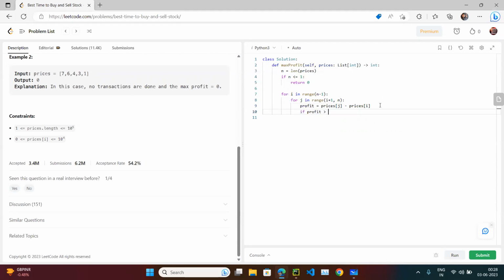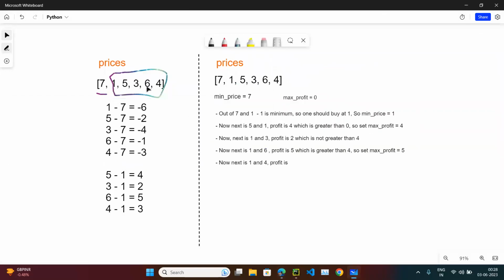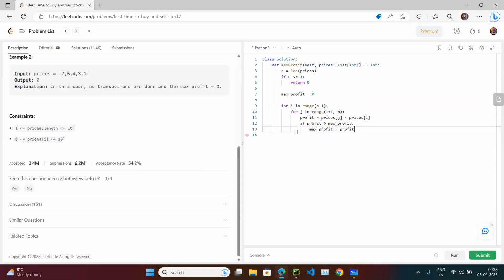If profit is greater than max profit, then we update it. So we can take a max profit variable, and let's set max profit equal to 0. If profit is greater than the max profit, then max profit is profit. In the first scenario everything is negative, so till now profit is 0.